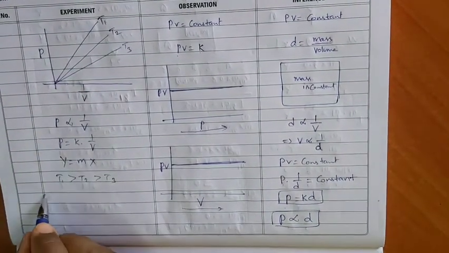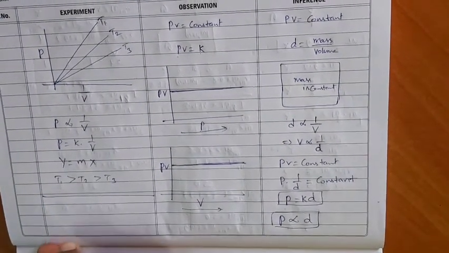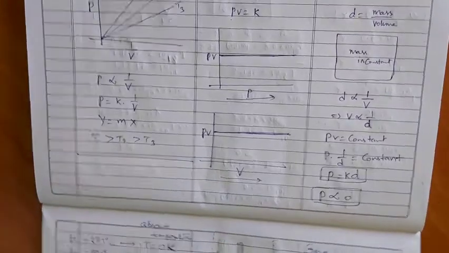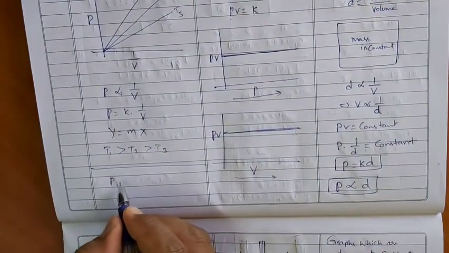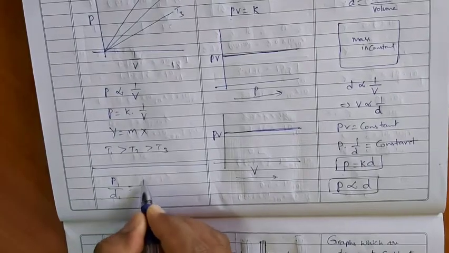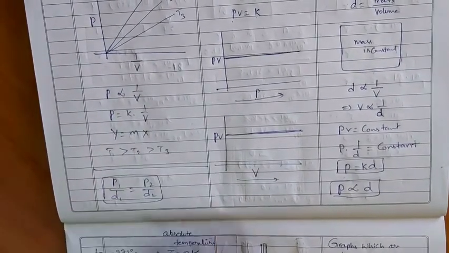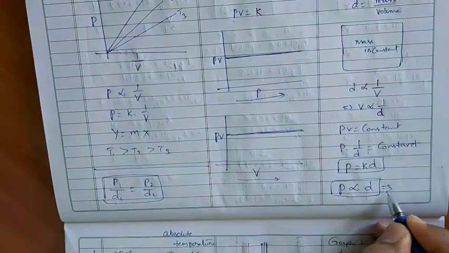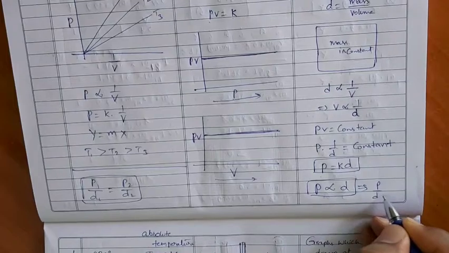Then please observe this formula. When P is directly proportional to density, we can write P1 by D1 is equal to P2 by D2, because we can write this one as P by D is equal to constant.